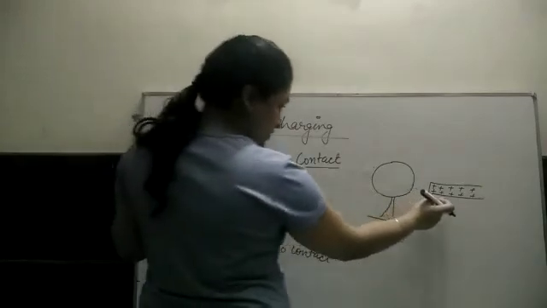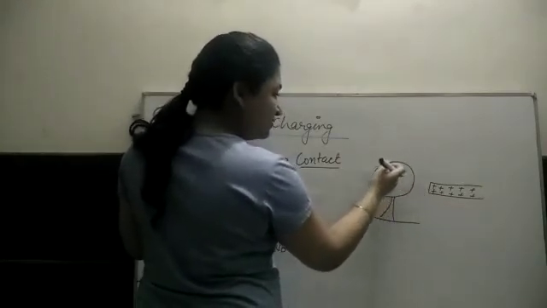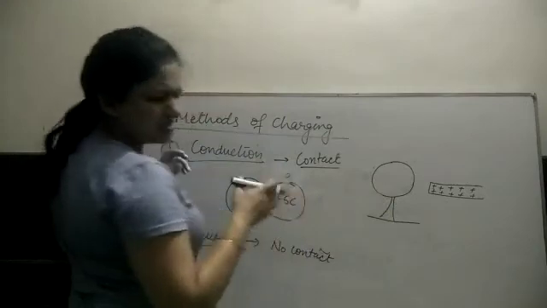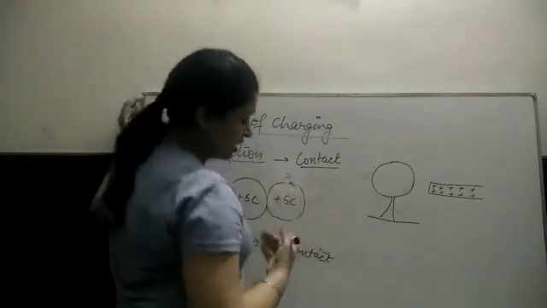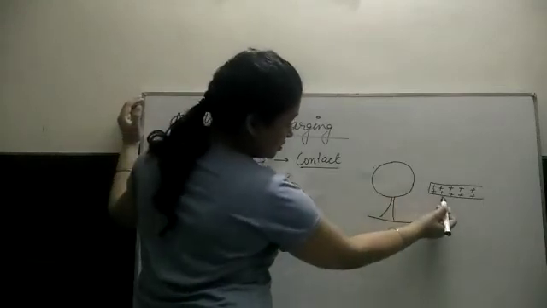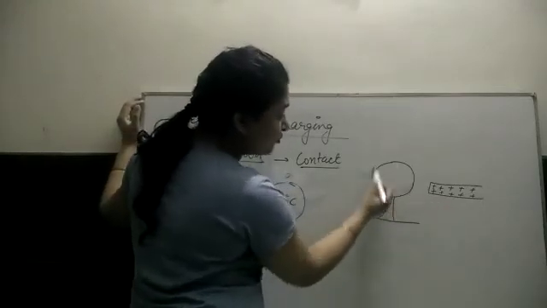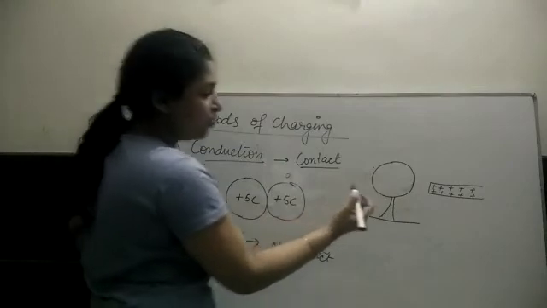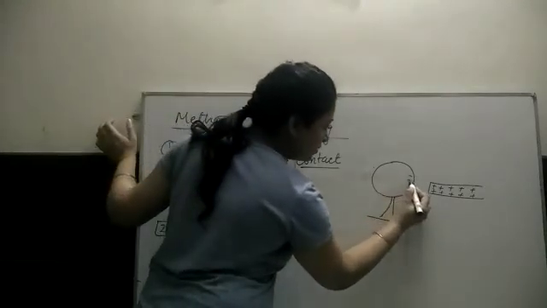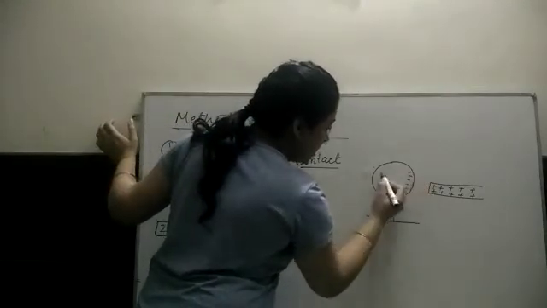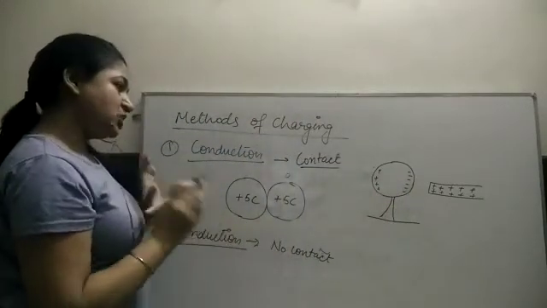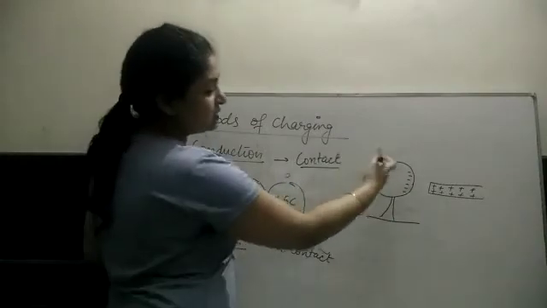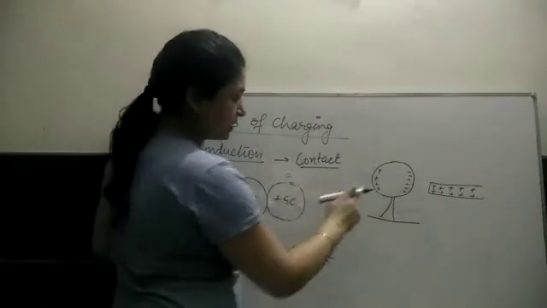This positive charge will attract the negative electrons. If it is a conductor, we know that it would have a maximum abundance of free electrons. So this positive charge would be attracting the electrons of this sphere, and all the electrons will start accumulating towards this side, leaving behind the positive charges. So overall, the charge on this object is still 0, it is neutral.